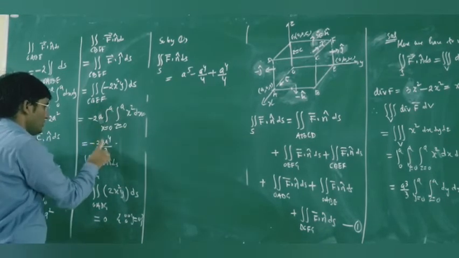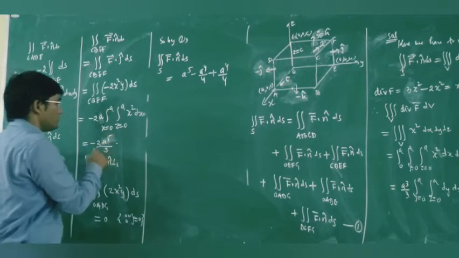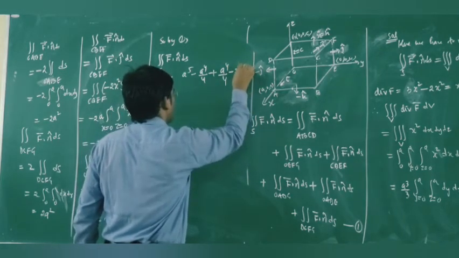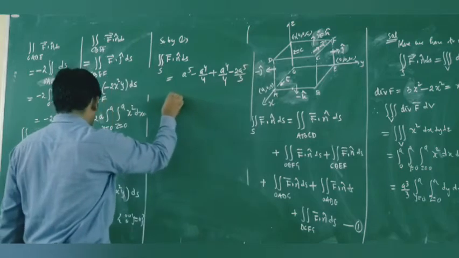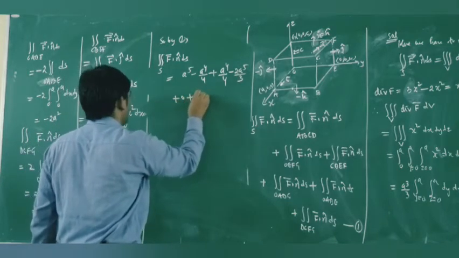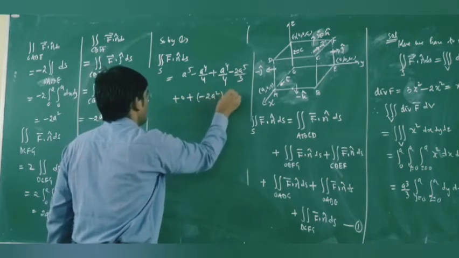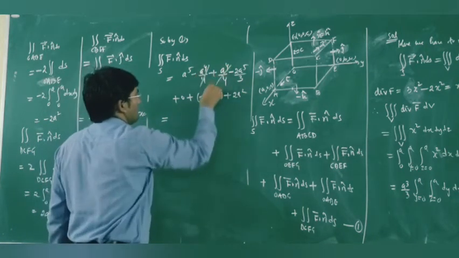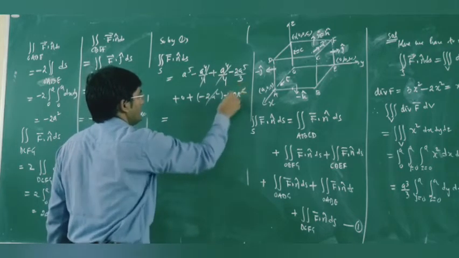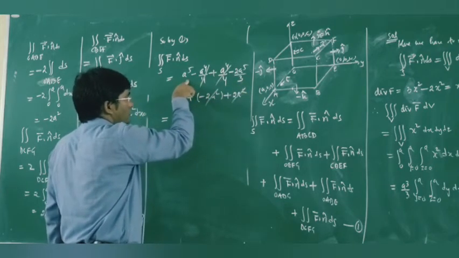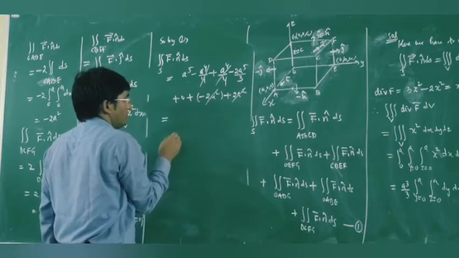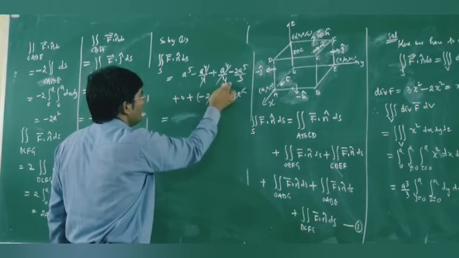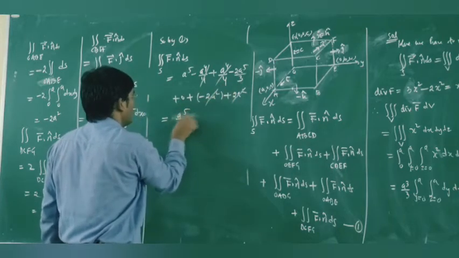Your fourth one is 0, fifth one is minus 2a square, and your sixth one is plus 2a square. You can see that these cancel, so we have 3 a power 5 minus 2 a power 5 upon 3, so this will be a power 5 upon 3.